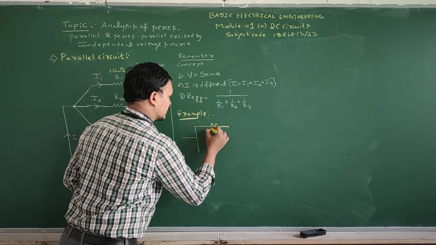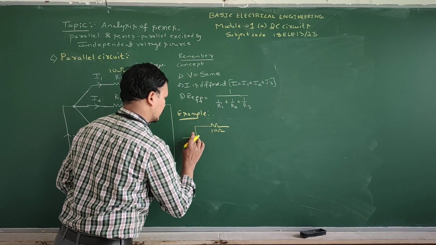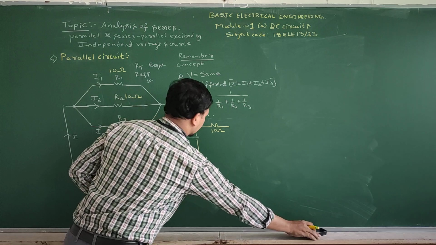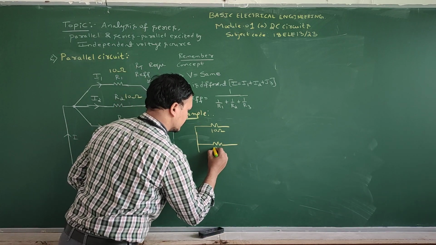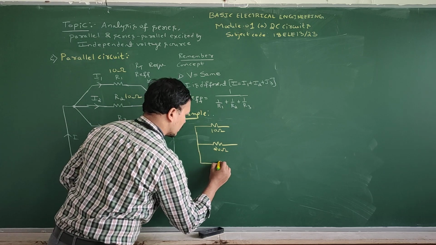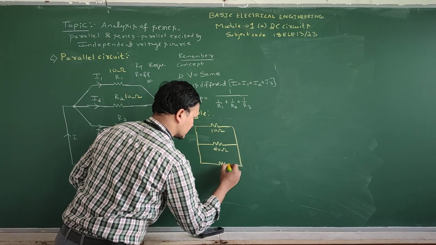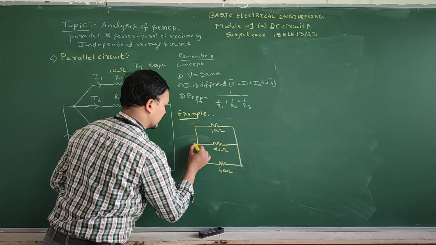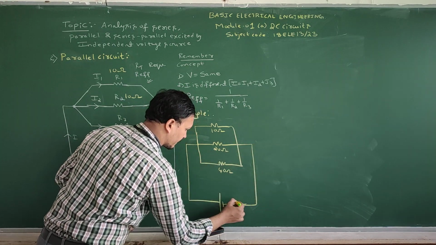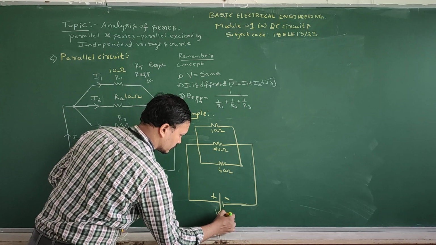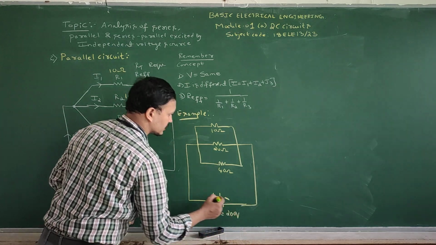Okay, 10 ohm, 20 ohm and 40 ohm resistors are connected in parallel across a 200 volt supply. So voltage is 200 volt supply.